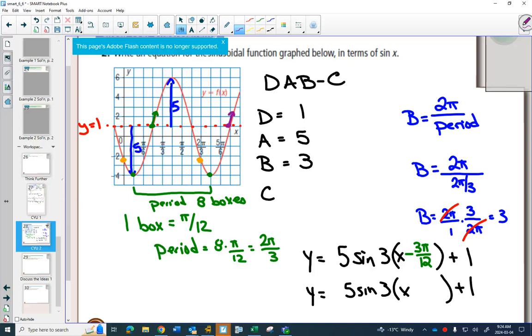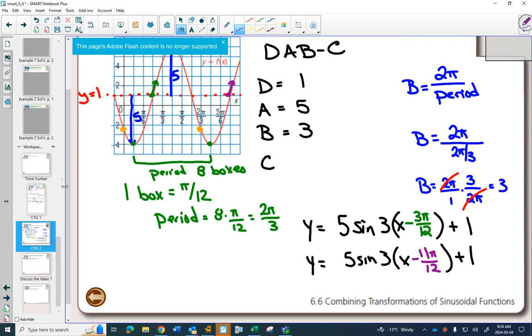But this one is 1, 2, 3, 4, 5, 6, 7, 8, 9, 10, 11 boxes to the right. So then I would have to write 11 pi over 12s to the right. That also would be an answer. Okay? Probably if I were you, it makes sense to choose the closest one because it's less counting. But I want to show you that there's more than one right answer.